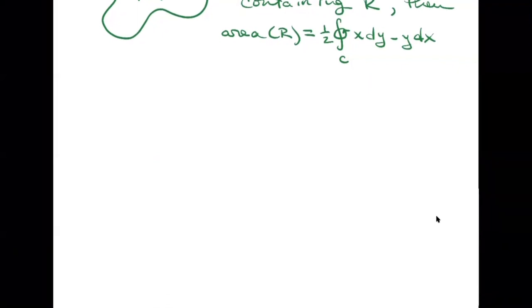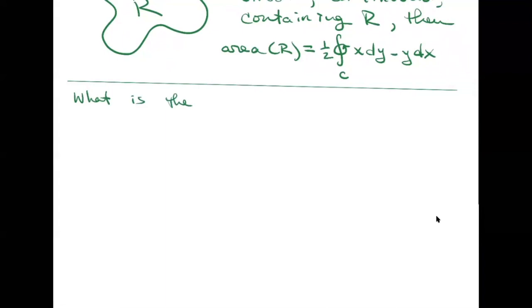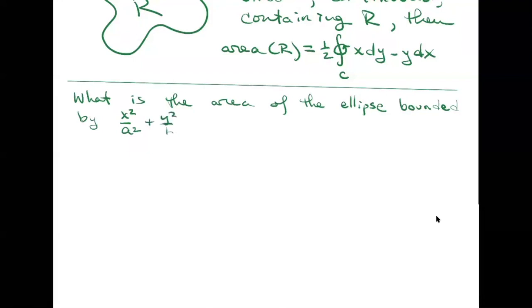So I want to go ahead and do a quick little example. We have time, so I want to know what is the area of the ellipse bounded by x squared over a squared plus y squared over b squared equals 1.